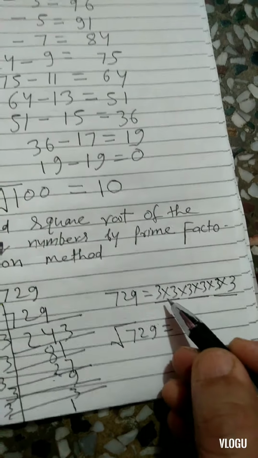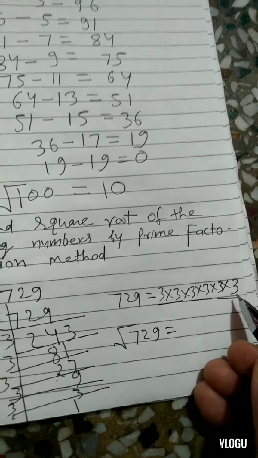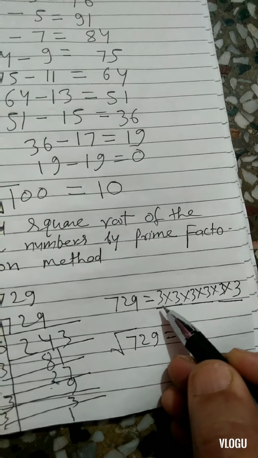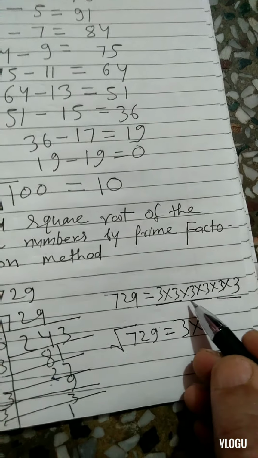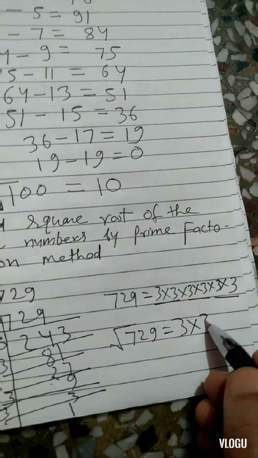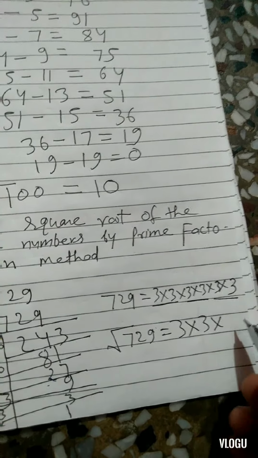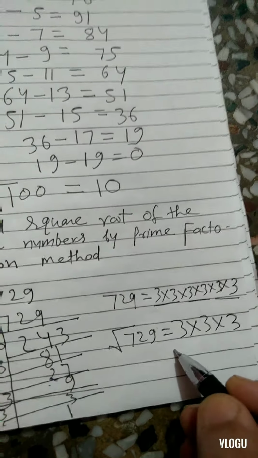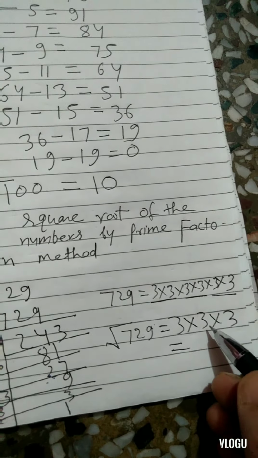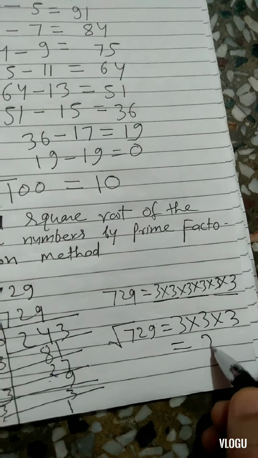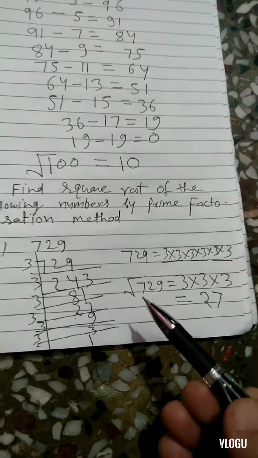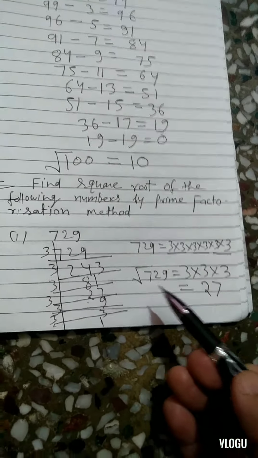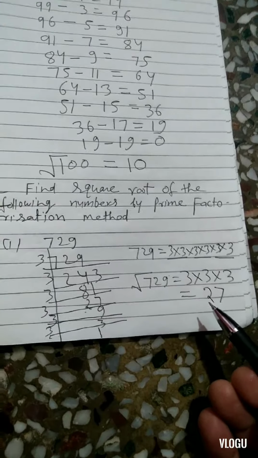Here is 1 pair, 2 pair, 3 pair. So from 1 pair you will write 3, one number from this pair and one number from this pair. You will get 3 times 3 is 9, 3 times 9 is 27. Square root of 729 is 27.